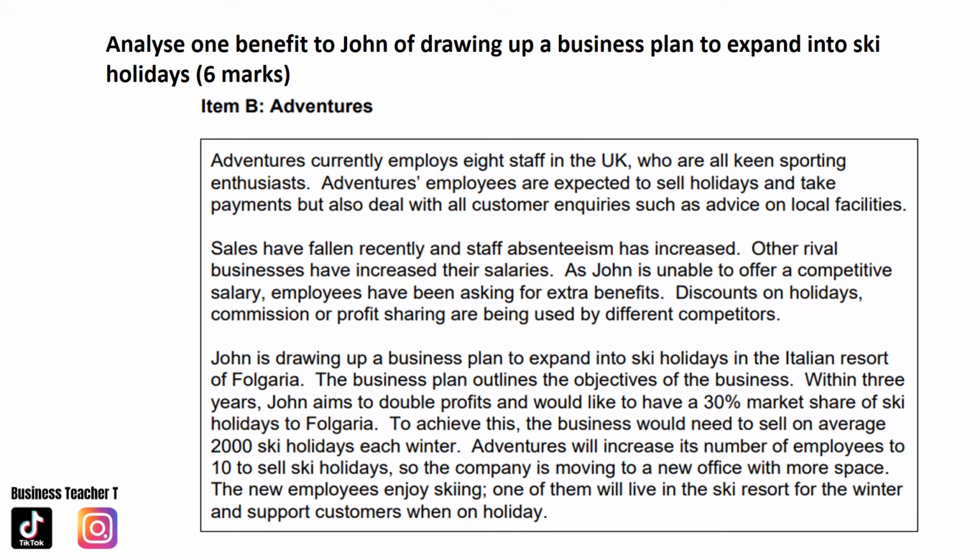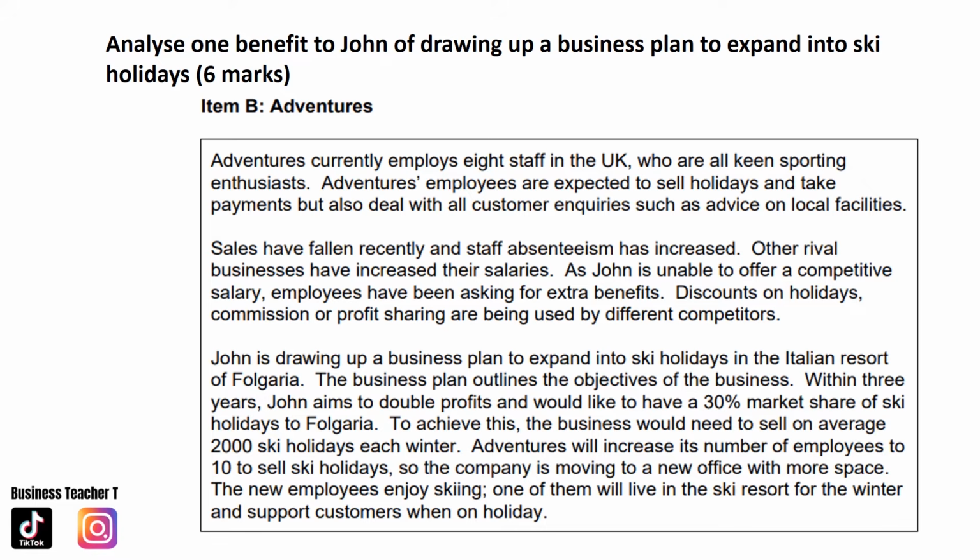John is drawing up a business plan to expand into ski holidays in the Italian resort of Bulgaria. The business plan outlines the objectives of the business. Within 3 years, John aims to double profits and would like to have a 30% share of ski holidays to Bulgaria.